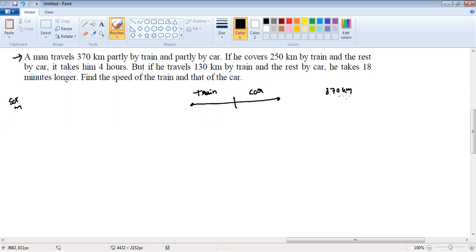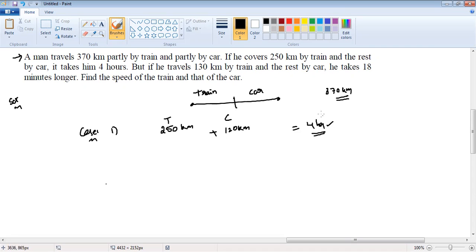Now case one. Train 250 kilometers and the balance is 120 by car. Then he takes a total time of 4 hours. Before going to case two, let us complete these 4 hours.